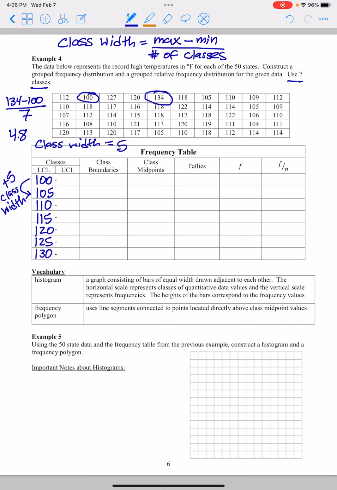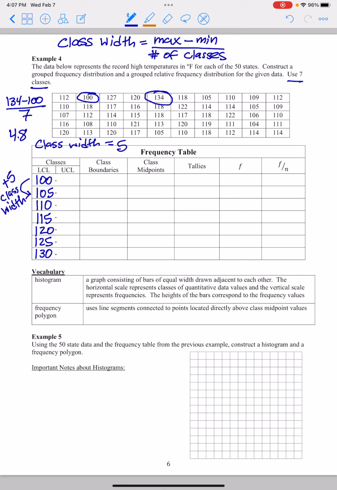Sometimes students get confused and they'll think that the class width is the distance from the lower class limit to the upper class limit. So we don't want classes to overlap. So we don't want 105 to be able to be in both the first class, which is the first row, and the second class, or that second row.